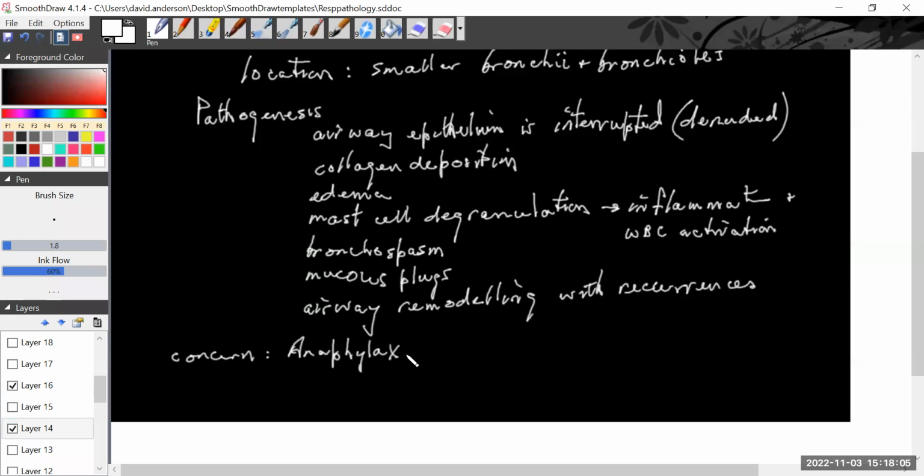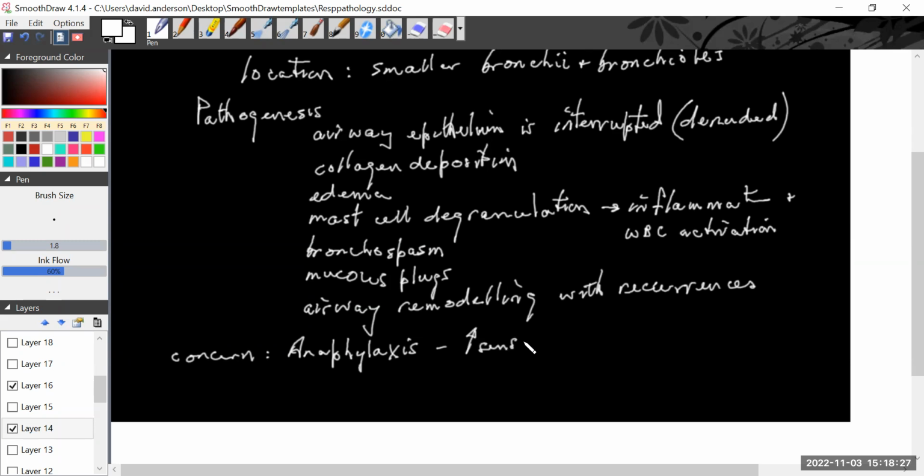What seems to happen in anaphylaxis is with repeated exposures, the sensitivity to the stimulus gets stronger and stronger and stronger, and the reaction becomes more systemic, less local and more systemic.